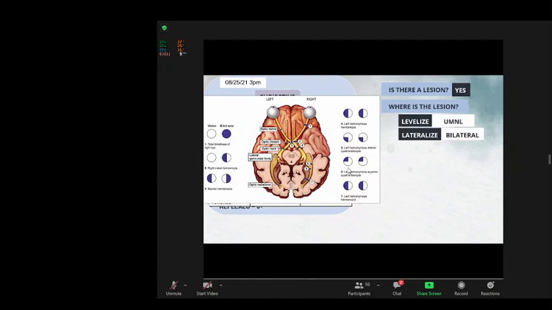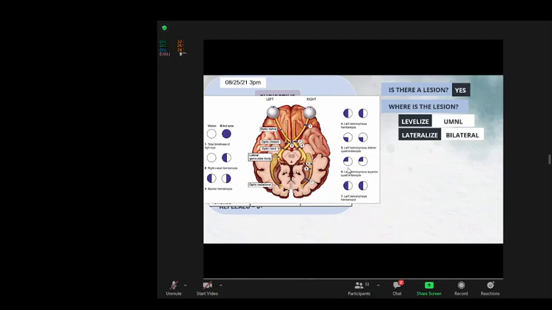Okay, look, number 1, total blindness of one eye. Number 2, a lesion of your optic nerve will present with hemianopsia on one part, in the nasal region. And then at the level of your chiasm, number 3, you have bitemporal hemianopsia.